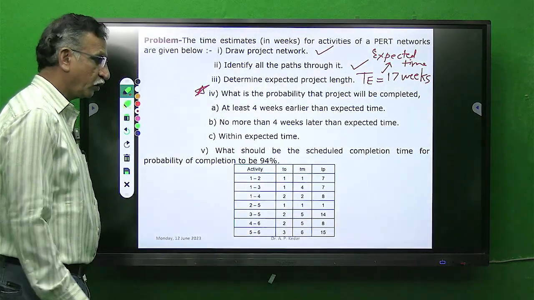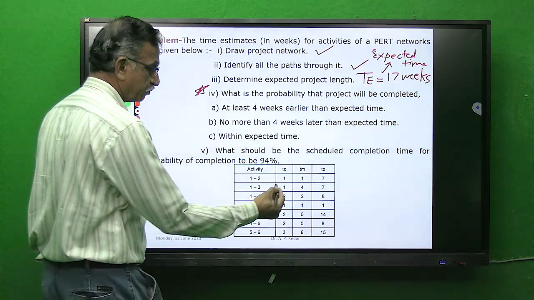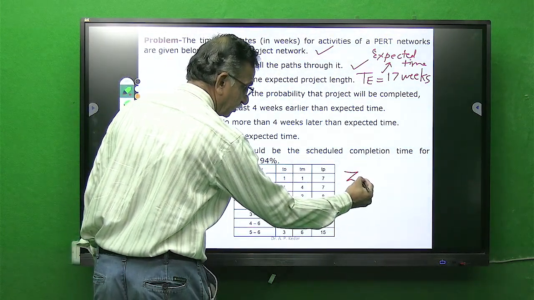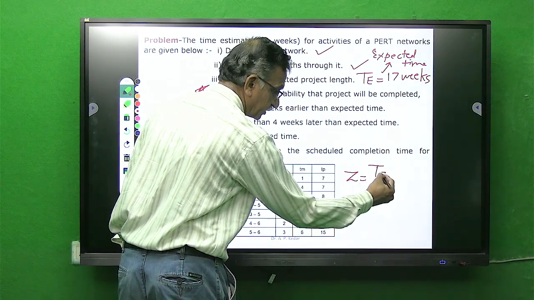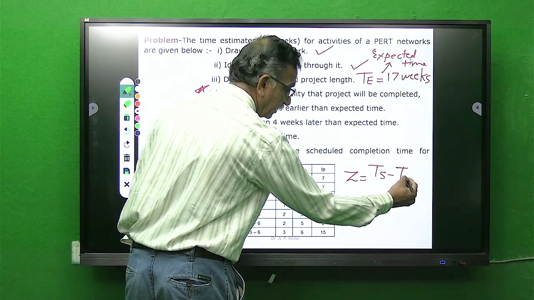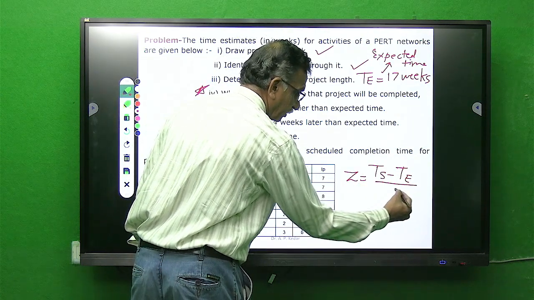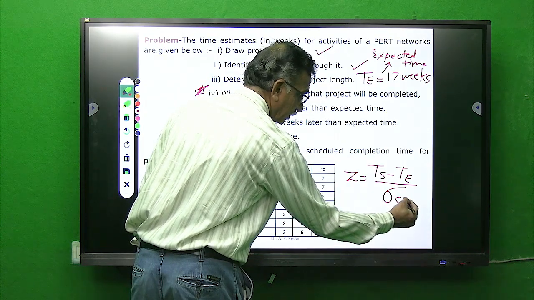Now if you recall, I gave you one relationship, that the standard normal deviate Z is equal to (TS minus TE) upon sigma CP.